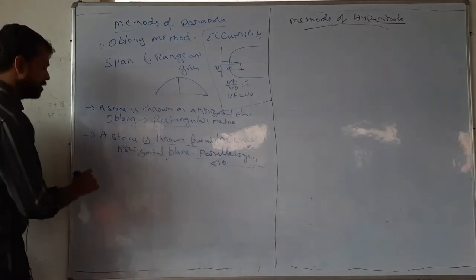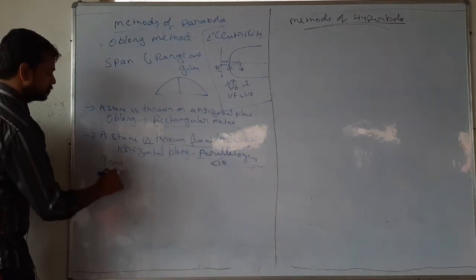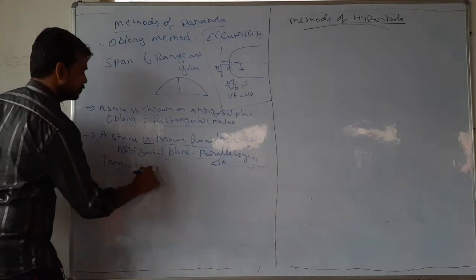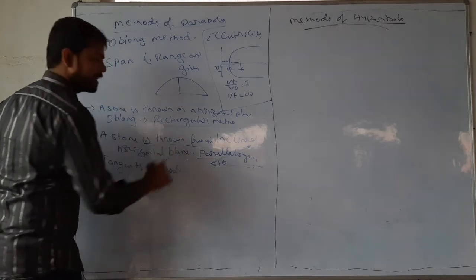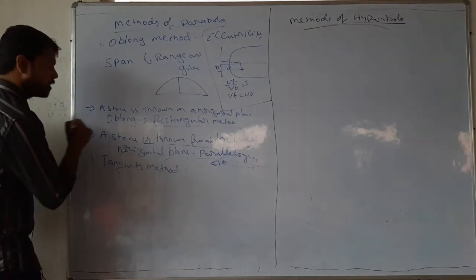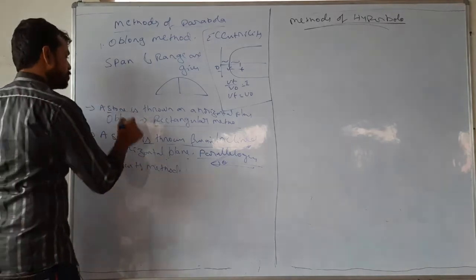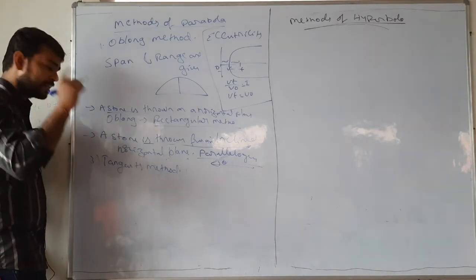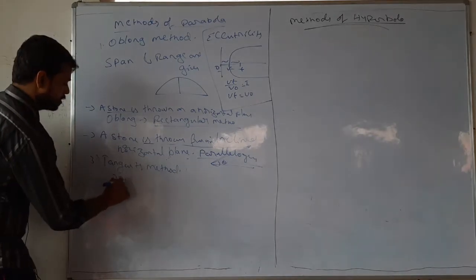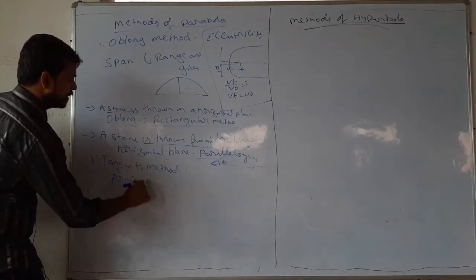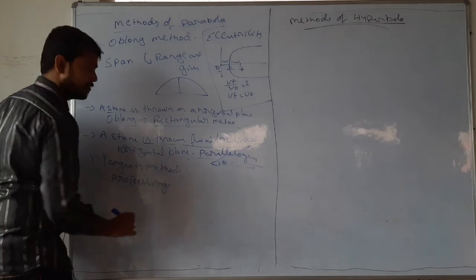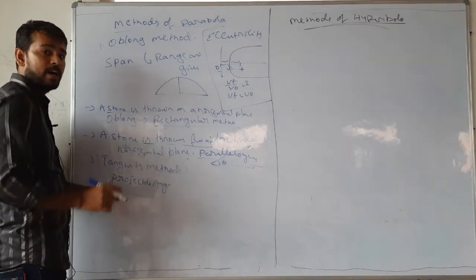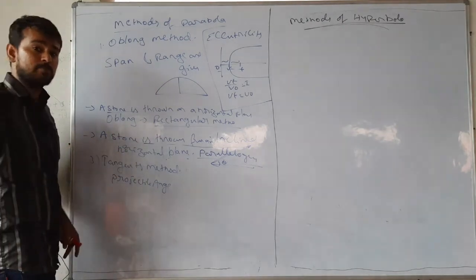And the next one is the tangents method. When you have to draw by the tangents method, it is the same stone or object, but he will give you the projectile angle, not the horizontal plane. He will be standing on a horizontal plane only, but he will throw the stone at a certain angle.